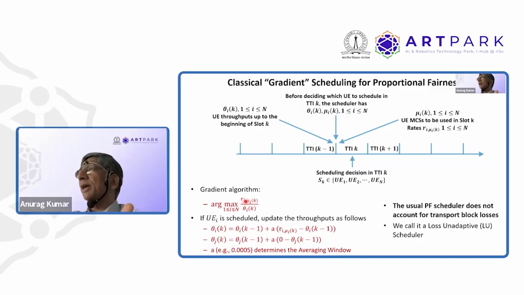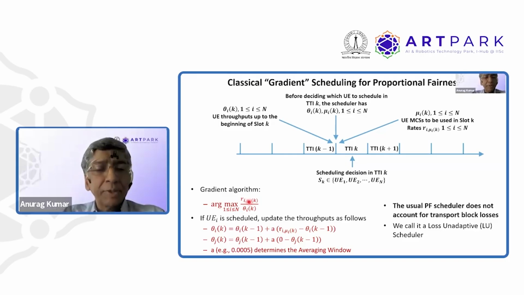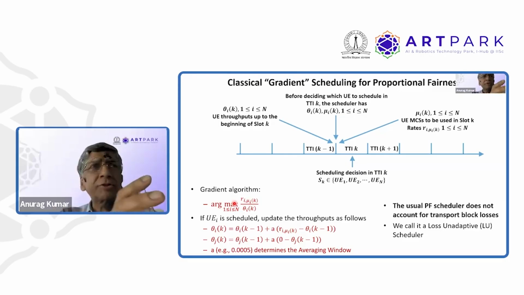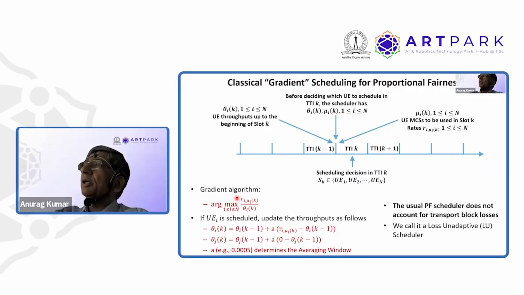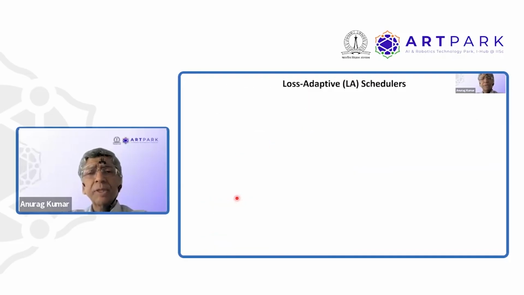You don't account for the fact that you could have a loss in your system. Would it not be more reasonable that, given the history of loss that is taking place for this particular MCS for this UE, I modify the R by accounting for the possibility of loss when I send the grant? Let us see how we can do that. So I'm going to introduce to you a class of loss adaptive schedulers. Okay.